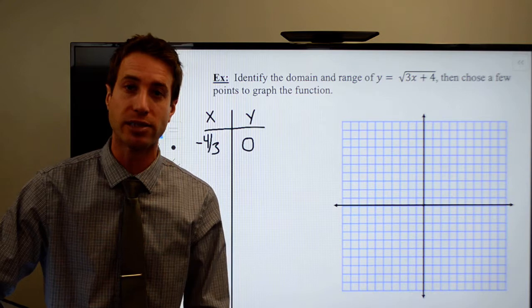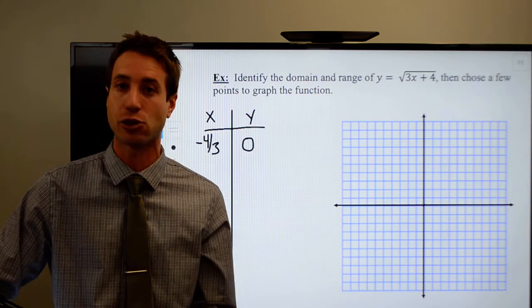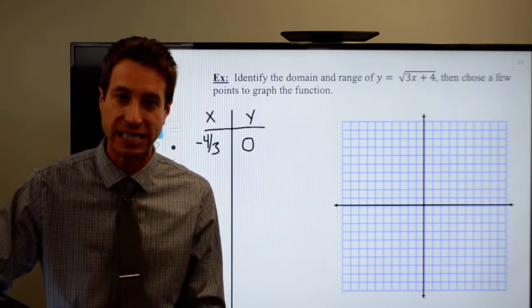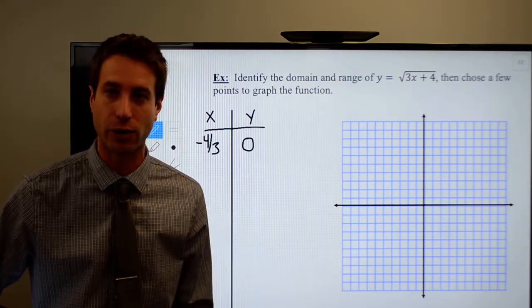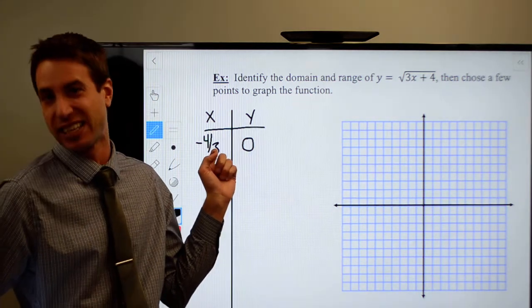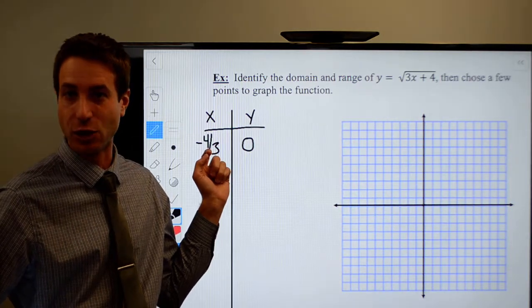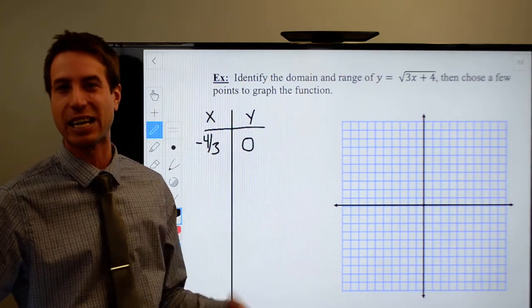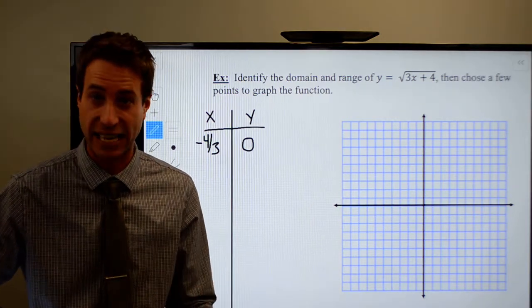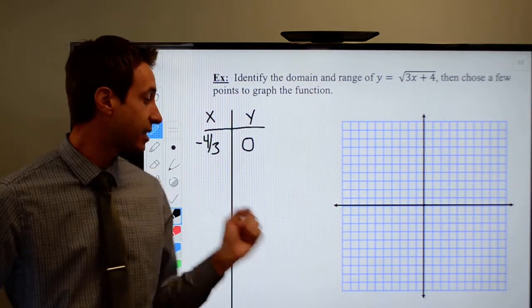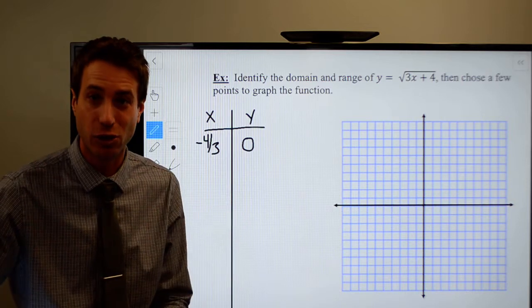That means the square root of 7 is going to come out to be an irrational number, a non-repeating decimal. And I don't have time to graph that crazy decimal. The negative 4/3 is important because it's the lowest value in my domain, so I need that one. I can't really get around it, but I'm going to avoid other decimals if I can. So x equals positive 1 would not be a good choice.